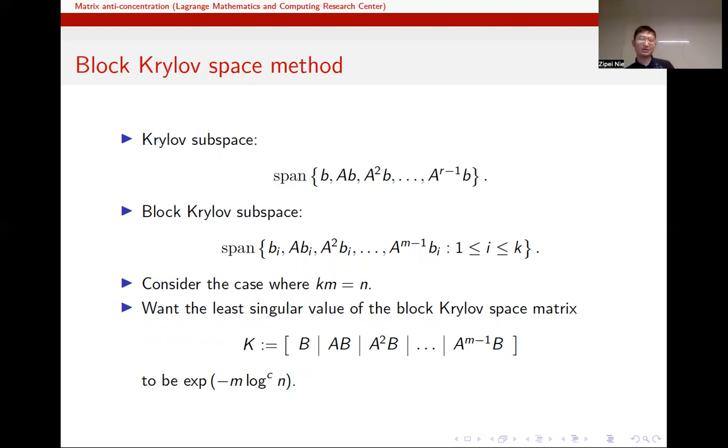We also consider the case when the subspace is the whole space, km equals n. Then the least singular value of the block Krylov space matrix can be exp of minus m times log factors at best.